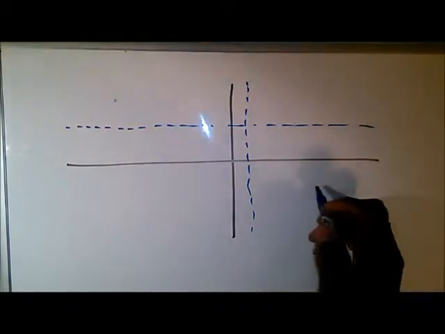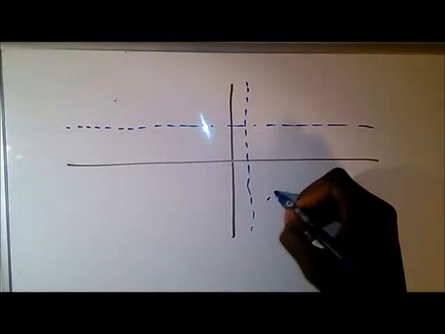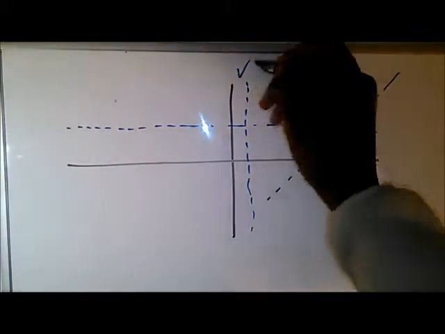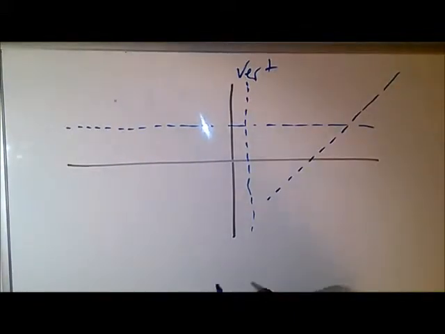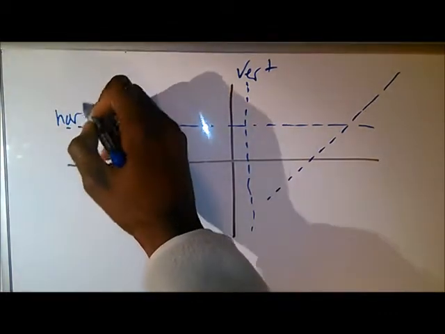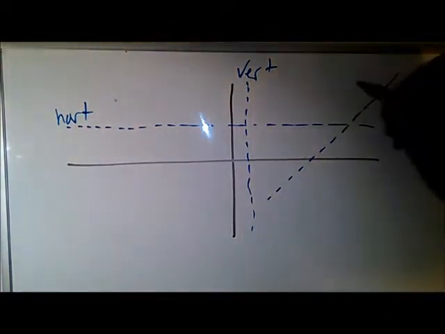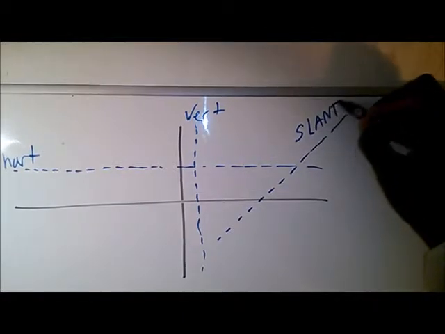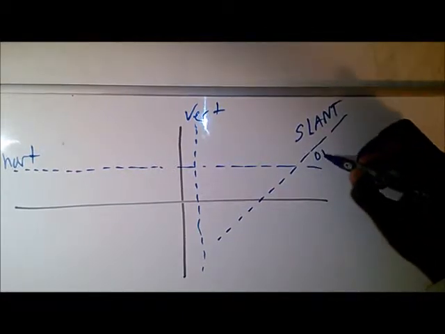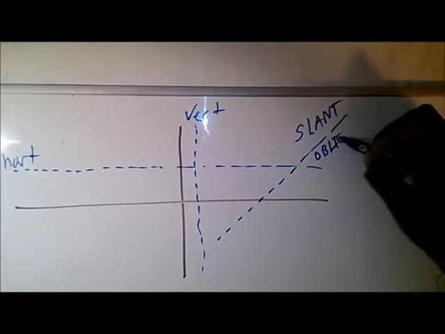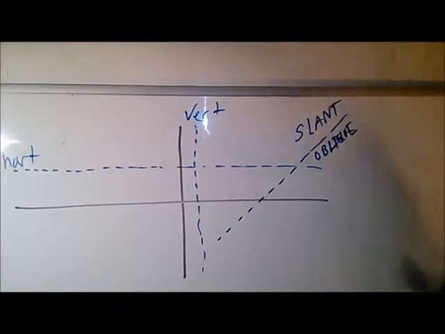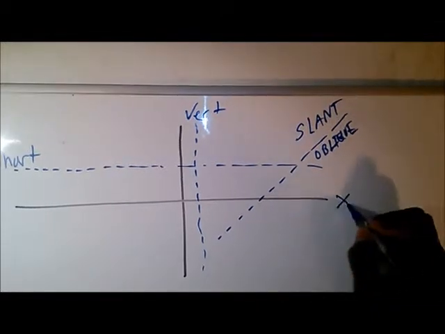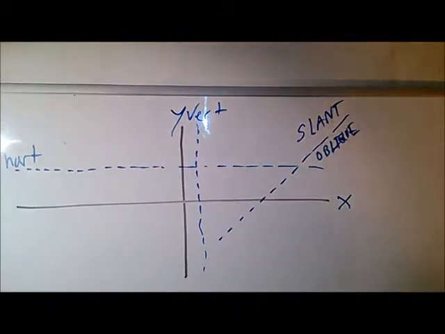And sometimes the asymptotes go this way. So this will be a vertical asymptote, this will be a horizontal asymptote, and this will be a slanted asymptote. Sometimes your textbooks call them oblique asymptotes. And this is x and this is y, right?